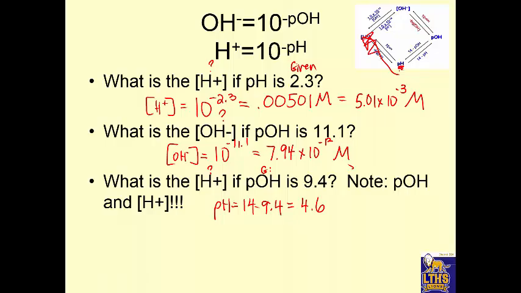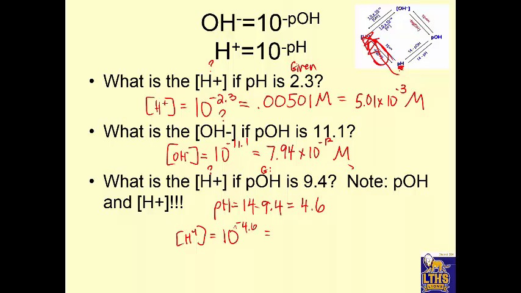If I know pH and I want to know H plus, I've got to follow the arrow. Look, the arrow points that way. So to find H plus, I do 10 to the negative 4.6. So in your calculator, put in the number 10.